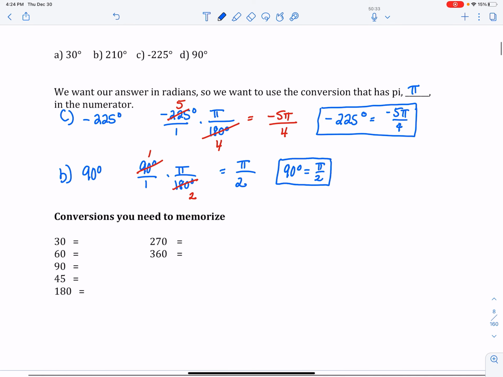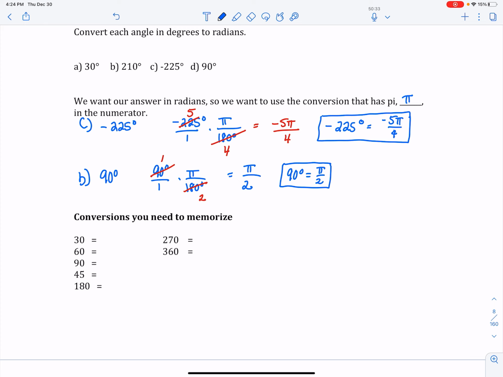So these are conversions that you're going to need to memorize because we're going to be doing what's called a unit circle in a little bit, and you're going to have to graph out the unit circle, so you have to memorize these just to make the process a little bit faster.